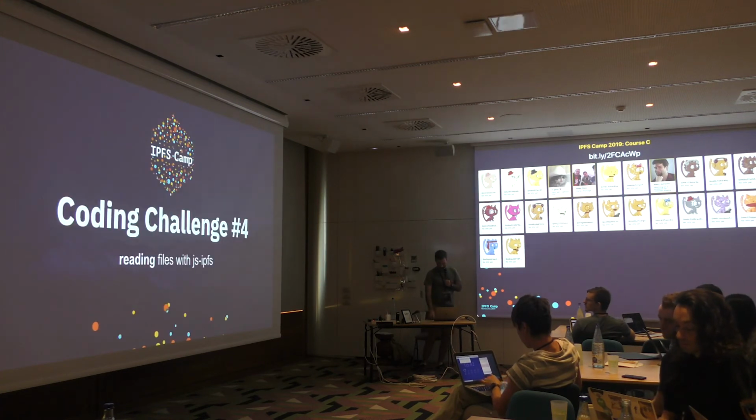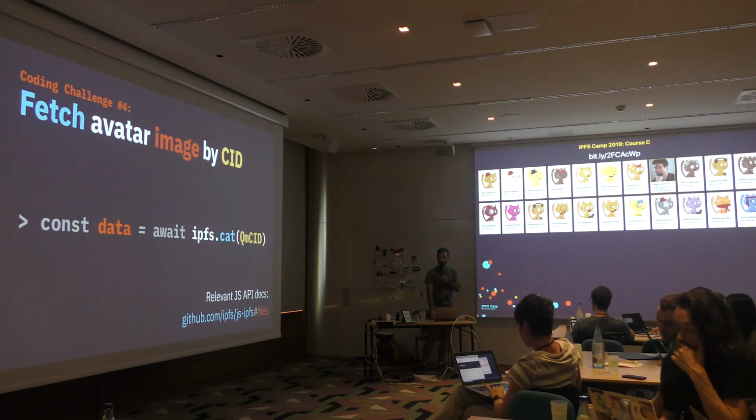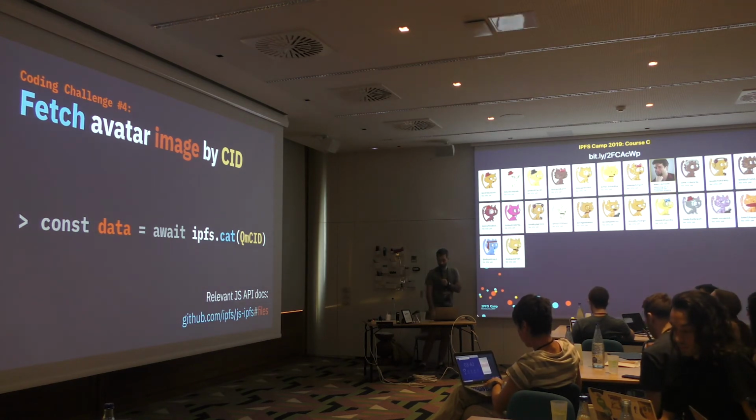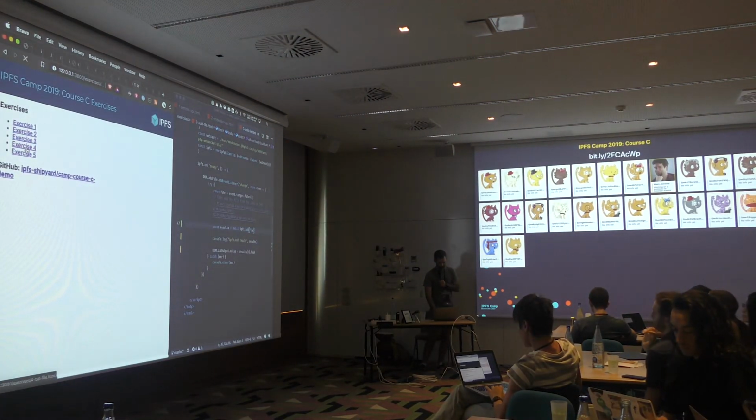So let's go into challenge 4. And yeah, again, the only thing we need is that line over there, nothing else. If you want to see the docs, you have the docs down there. Let's try it. Let's go back again. Exercise 4.